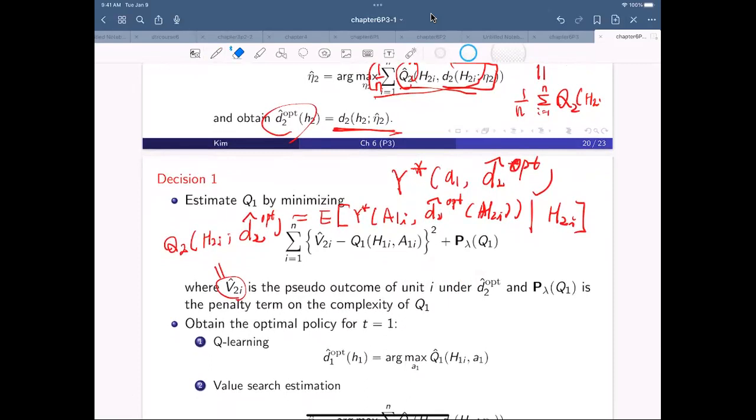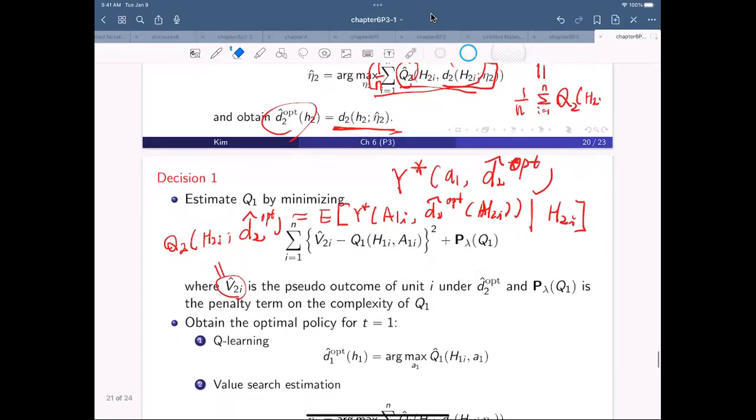Now, another way is you can use regression imputation plus the residual on the data, under the observed data, right?